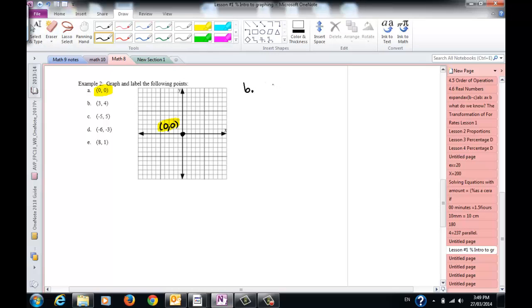For B, we have the point 3, 4. So I'm going to go to the right 3, then I'm going to go up 4. Maybe I'll use a different color. So we're going to go to the right 3: 1, 2, 3. Then I'm going to go up 4: 1, 2, 3, 4.